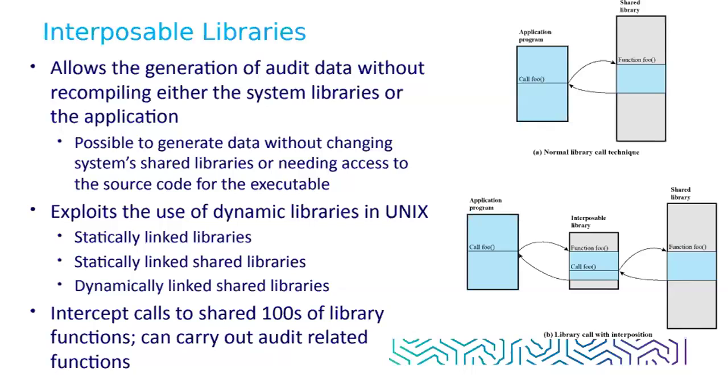They are especially valuable when organizations need to audit commercial or third-party applications that cannot be modified. By intercepting shared library function calls instead of changing the application itself, the organization can collect detailed audit information while preserving the original software.